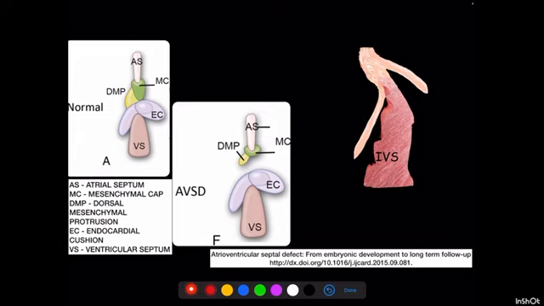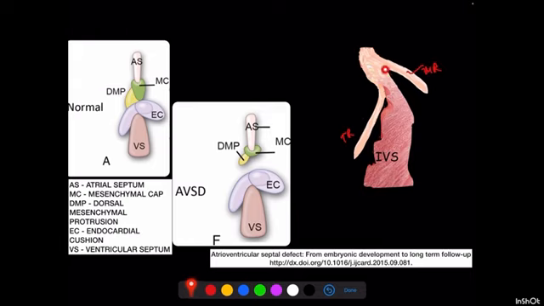So this is the appearance of mitral valve, tricuspid valve. We know very well that the tricuspid valve is more apically inserted when compared to the mitral valve.